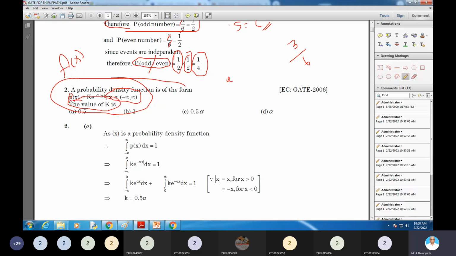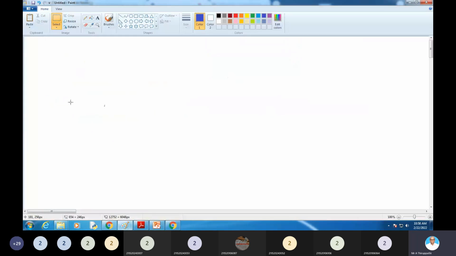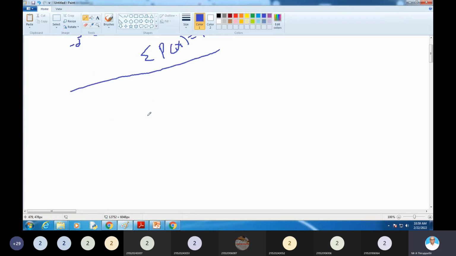Okay, once again, first the basics. In a continuous random variable, by definition, the integral from minus infinity to plus infinity of f of x dx is equal to 1. In a discrete case, the summation of p of x is equal to 1 by the total probability condition.